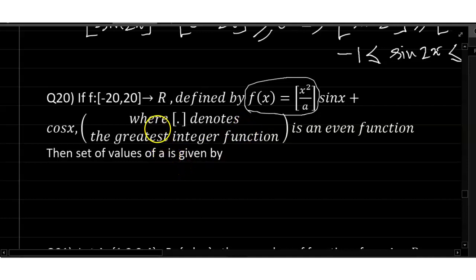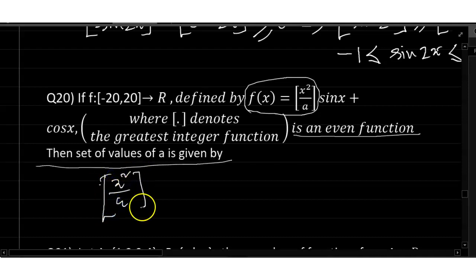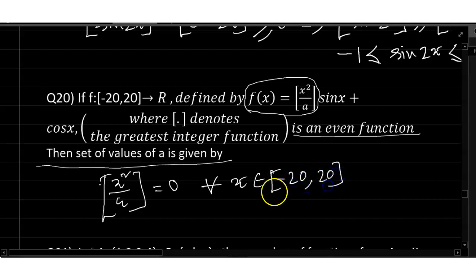So if f from minus 20 to 20 tends to R is an even function, the set of values of a is given by, so we have to find out the set of values. Whatever we get, x square by a equals to 0 for all x belongs to minus 20 to 20.